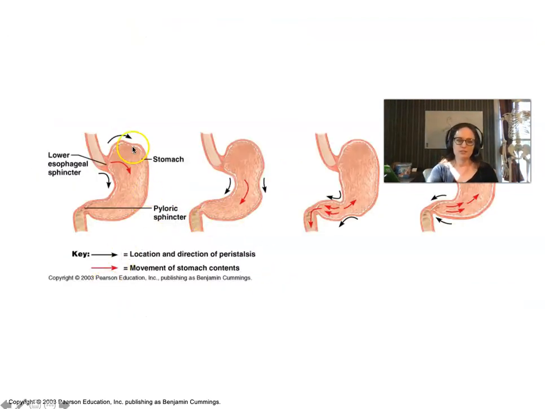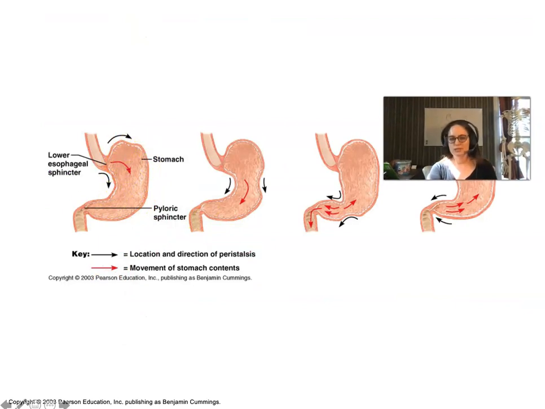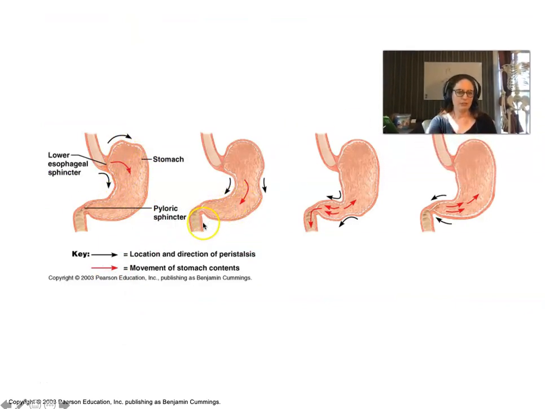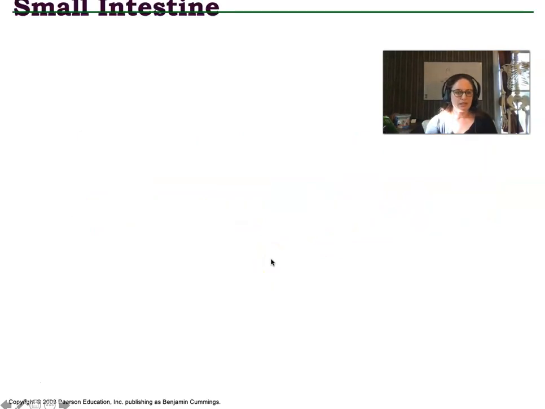So we do have this sort of rhythmic contraction in our three muscular layers, allowing for the movement of chyme now to make it into the duodenum. So we have the opening and closing of the pyloric sphincter. I think that's all I really want you to get out of that.